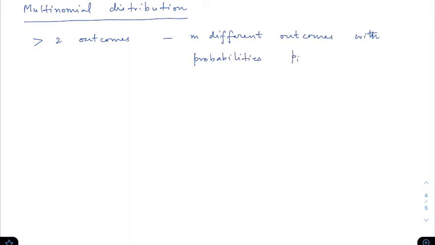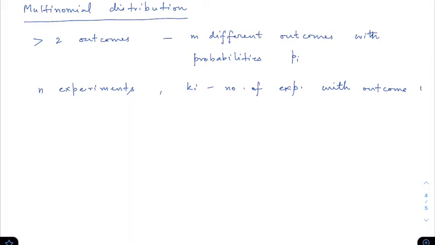So we'll consider, let's say, n experiments and ki is the number of experiments with outcome i.